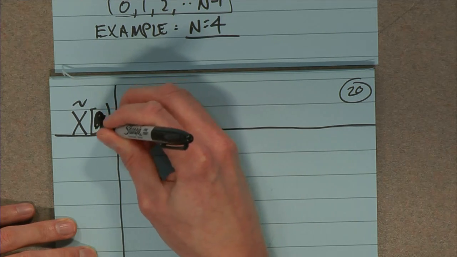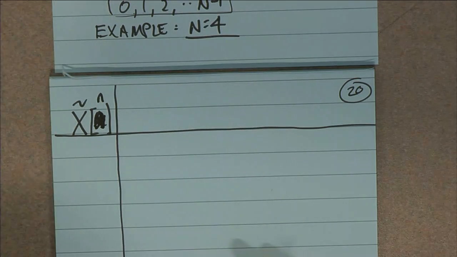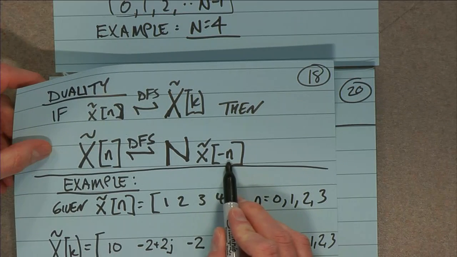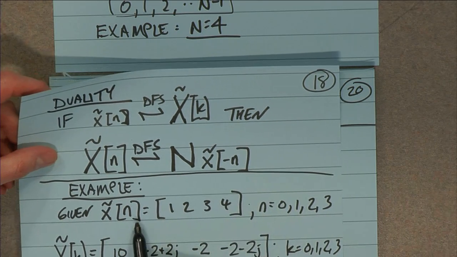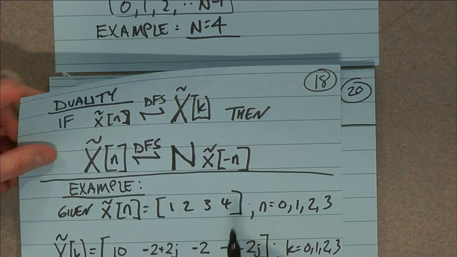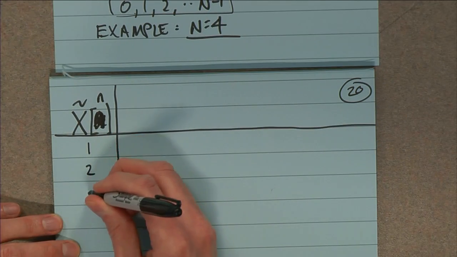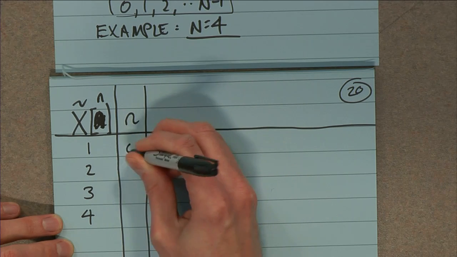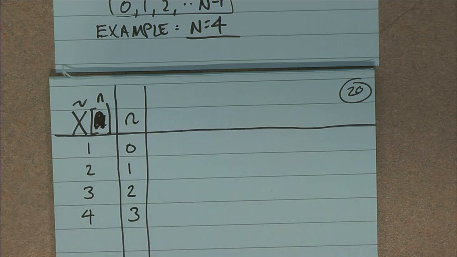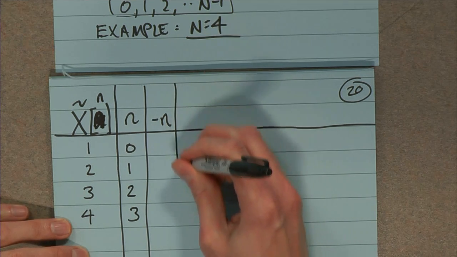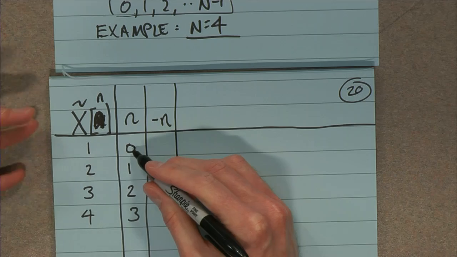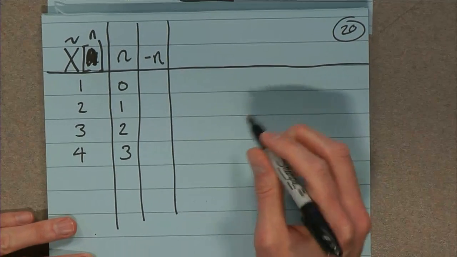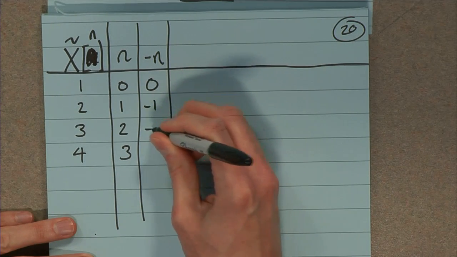That's a good point. Let's make that x of n. So what am I trying to find here? I'm trying to find x tilde of minus n. Well, I have x tilde of n. 1, 2, 3, 4. So I'm going to write that down. And those correspond to what? N equals 0, 1, 2, 3. Right? So far, so good. Well, what's minus n? Well, minus 0, that's just 0. But now I've got minus 1, minus 2, minus 3.